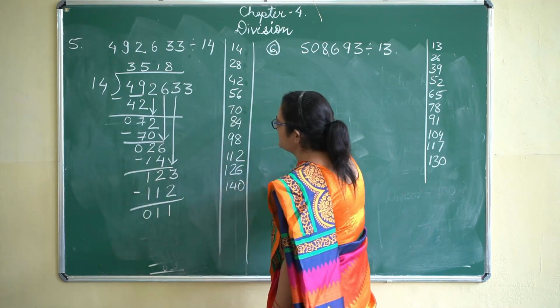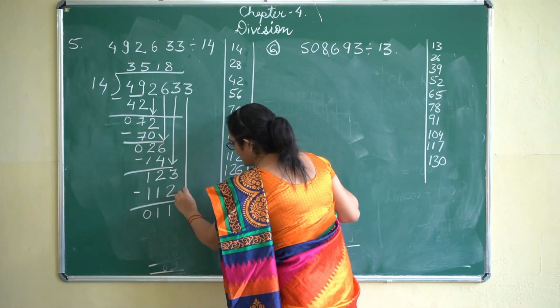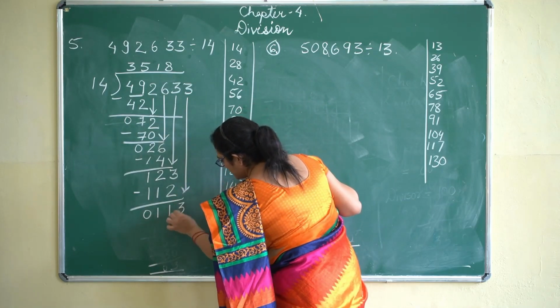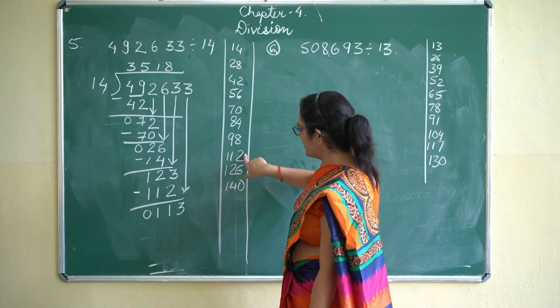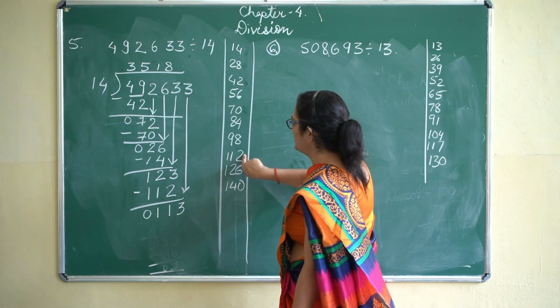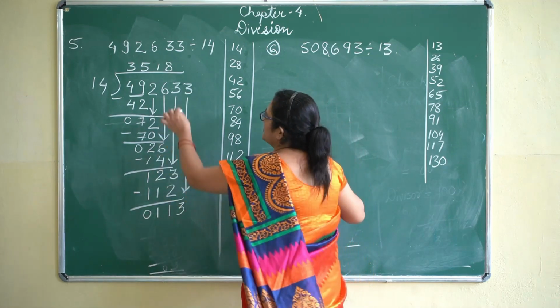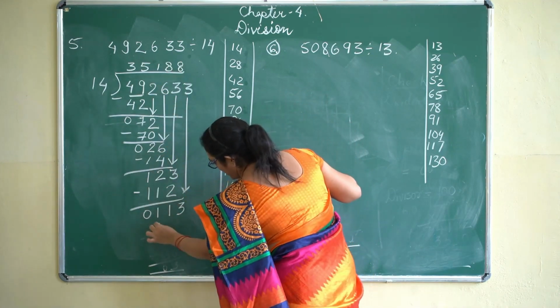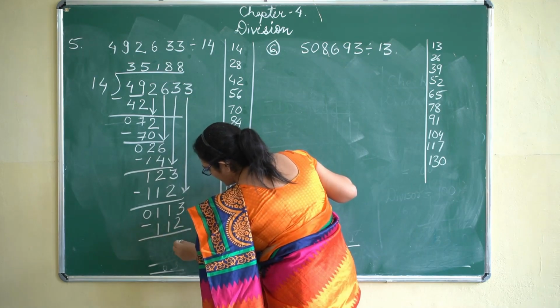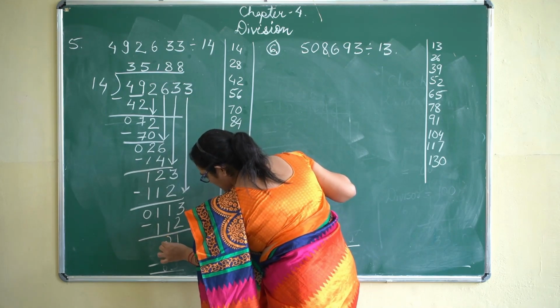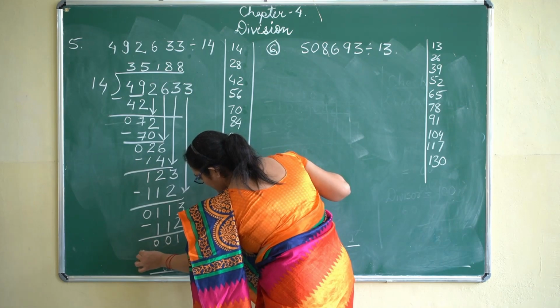What have we done? Subtraction. We'll bring the next number down. That is 3. Is 113 there in the table of 14? No. Smaller than 113 is 112. How many times? 8 times, 112. Subtract. 3 minus 2 is 1, 1 minus 1 is 0, 1 minus 1 is 0.